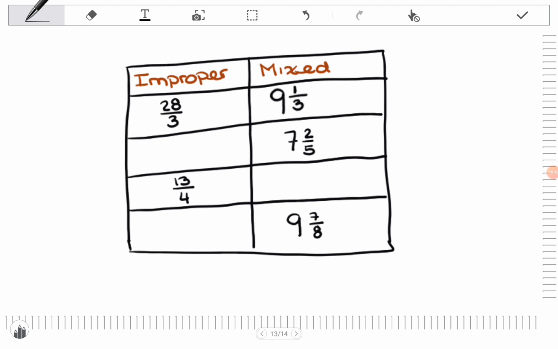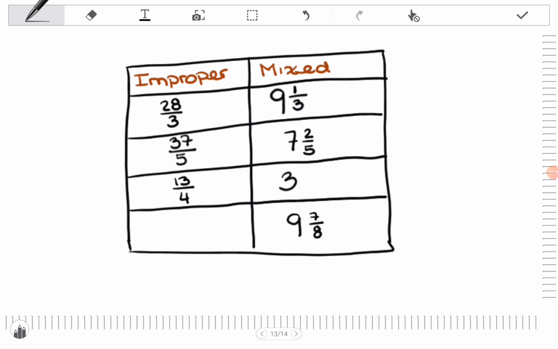Now, let's do this one. This one is the other way around. Remember, in this one, we multiply, add. 7 times 5, 35, plus 2, 37. Over, what happens with the denominator? It's the same, always the same. Remember that. Okay, easy. Now from improper to mixed, once again, we're going to divide. How many times does the 4 fit in the 13? 4 times what is close to 13? 4 times 3, right?